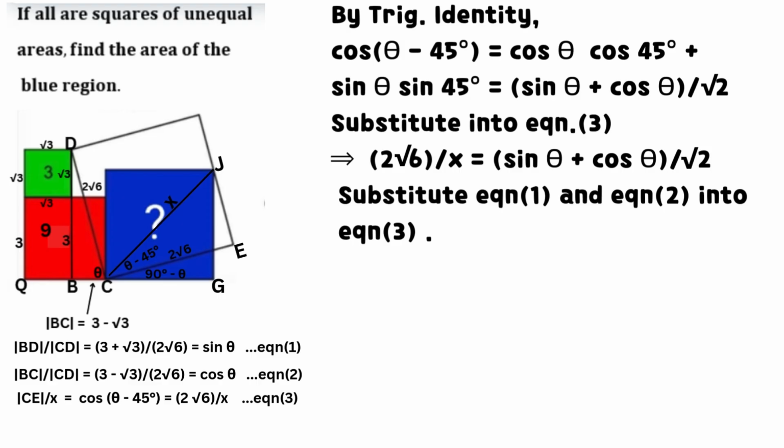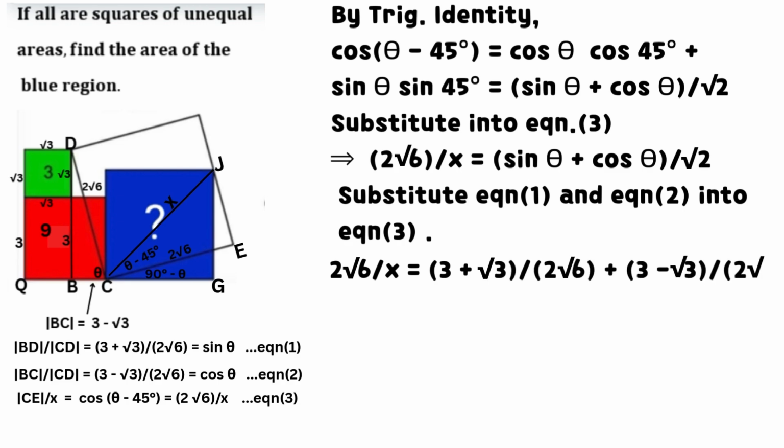Substitute into equation 3. We have that 2 times the square root of 6, all divided by x equals the sum of sine theta and cosine theta, all divided by the square root of 2. Substitute equation 1 and equation 2 into equation 3.